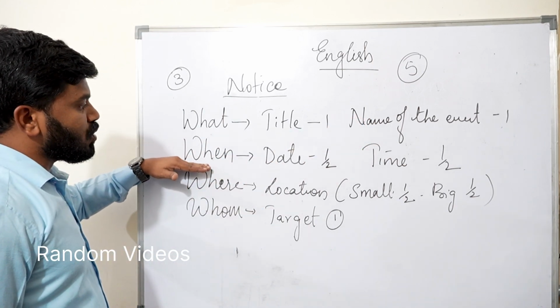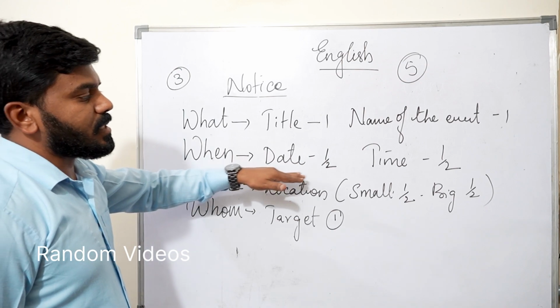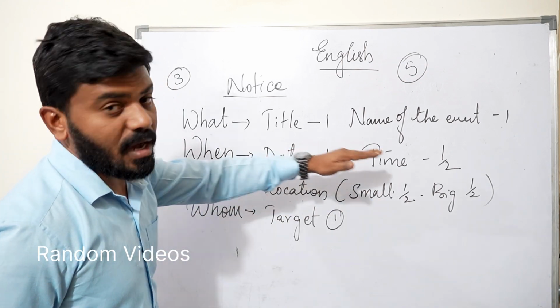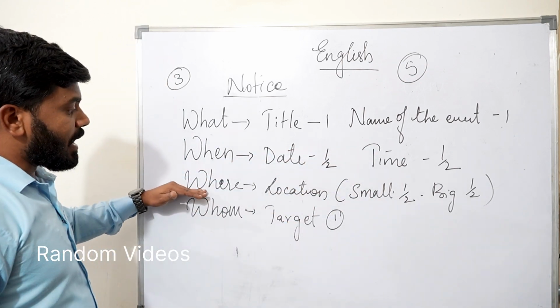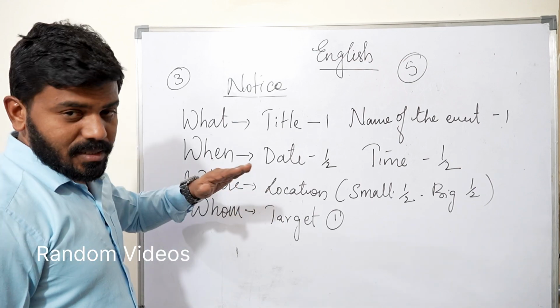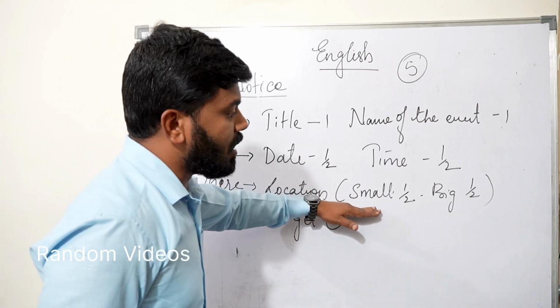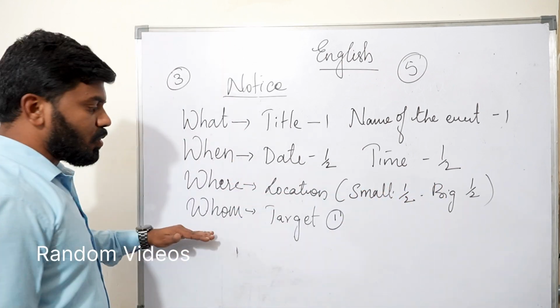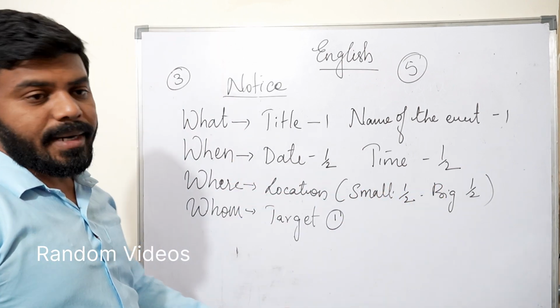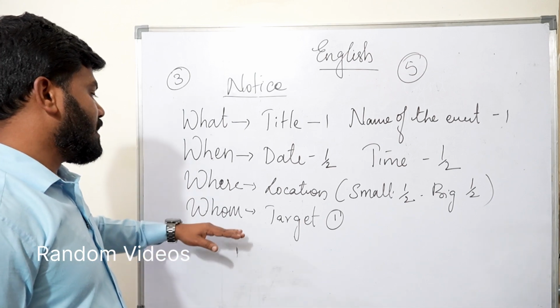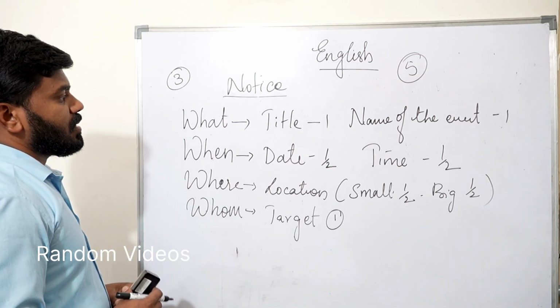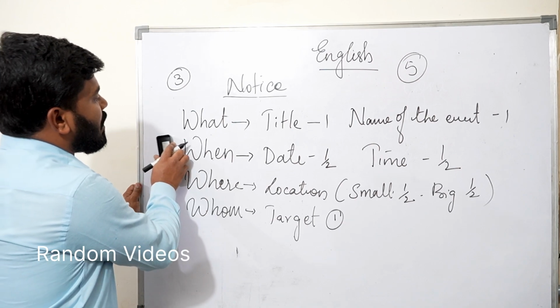When has 2 particles, one is date and one is time, and half a mark each. And where has a single particle, that is location. Even in the location you have to mention smaller and bigger location. And whom is the target audience, whom are we writing this notice to. So we will discuss one by one.